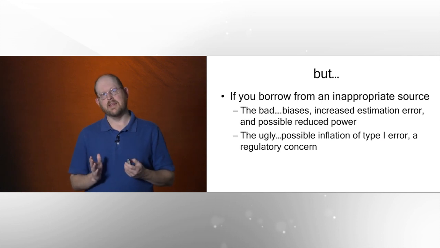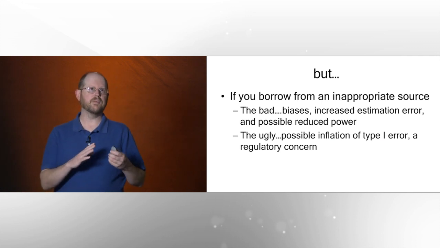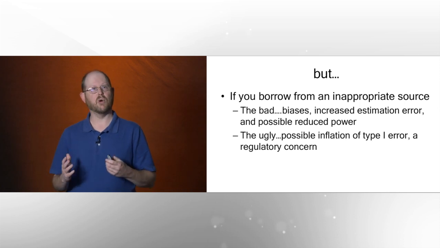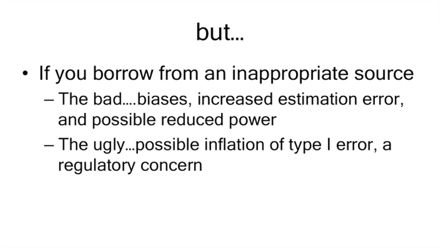The problem is that if you borrow from an inappropriate source, so there's been some kind of drift over time, the control arm doesn't behave today like it did in the past, what can happen is you can create a bias. So you can say in the past the control rate was 70%, today it might only be 60%, and you generate that bias.